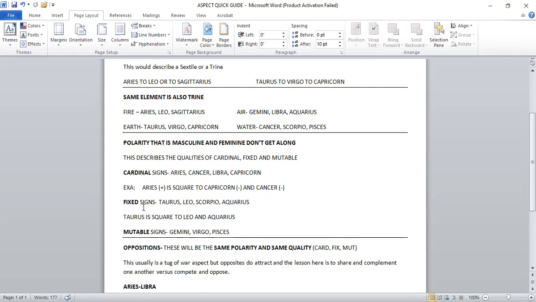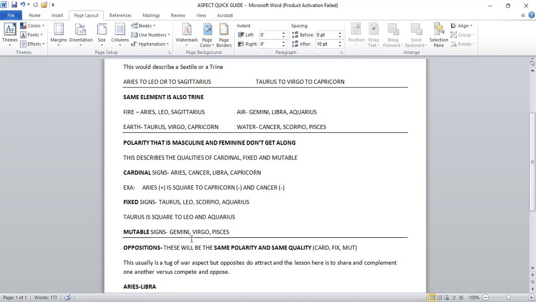Okay, same thing with fixed signs: Taurus, Leo, Scorpio, Aquarius. Taurus would be square to Leo and square to Aquarius. And then mutable signs, Gemini, Virgo. What, I missed one here. One got knocked off. Where is it?